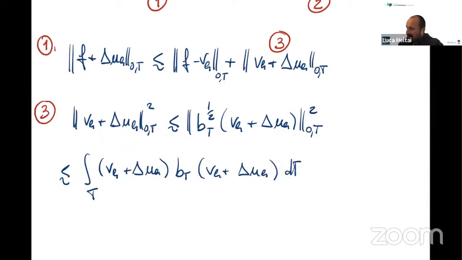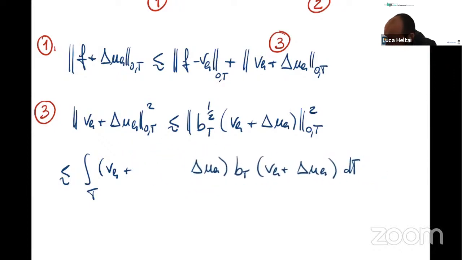Okay, and now the principle is I would like to be able to, in some sense, put this into relationship with the norm that we already have, so with the terms that we want to show, and in particular, we need f and u to appear in this equation. So we can use the fact, let me just move this on the right, that we can add and subtract 0 to these objects.